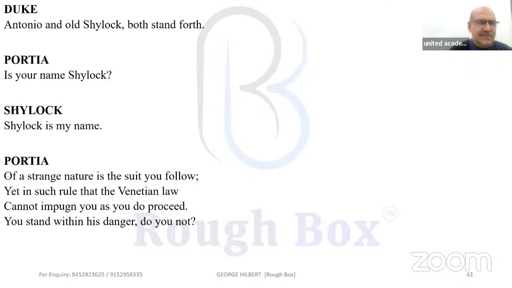And the Duke tells them both, Antonio and old Shylock, stand forth, step forward. And Portia looks at Shylock and says, is your name Shylock? He says, Shylock is my name. And Portia tells him, of a very strange nature is the suit you follow. Your demand from this court is a very weird one. But although it is weird, yet in such a rule that the Venetian law cannot impugn you as you do proceed.